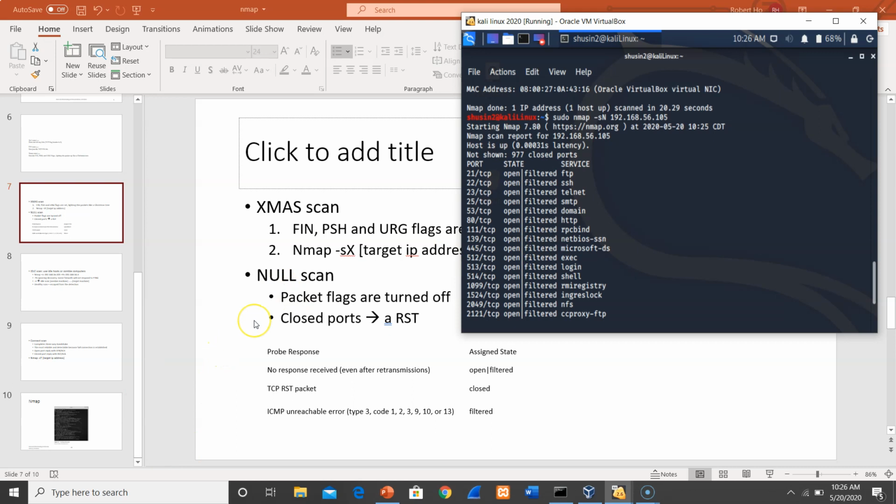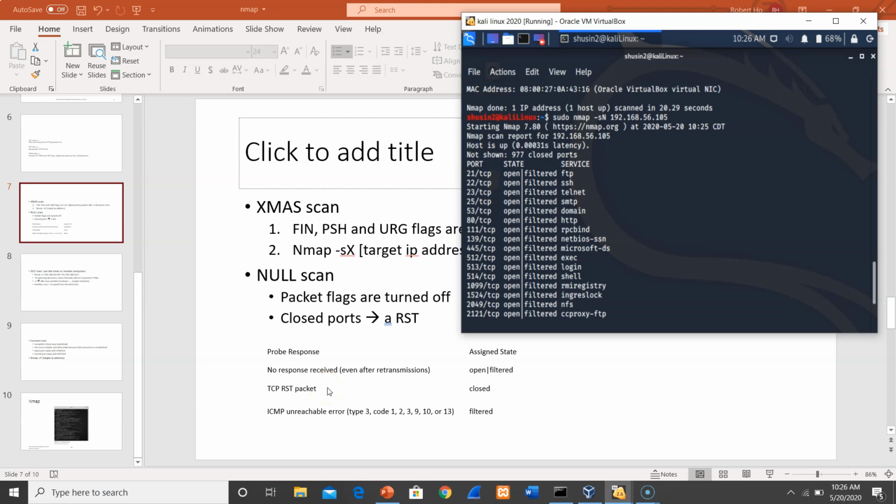Notice that these stealthy scans, the Christmas, null, and idle, students need to understand the assigned state and the probe response. If there is no response, that means it went through the scanning, right? It went through. The state indicates open and filtered. But if the ports are closed, it will reply with a reset flag, okay?